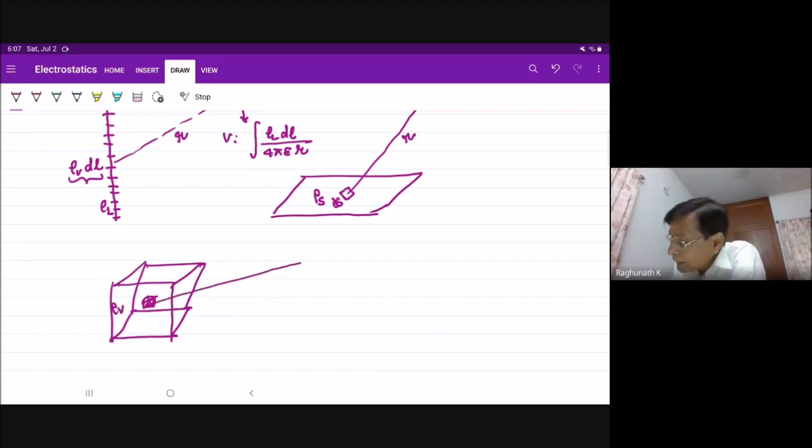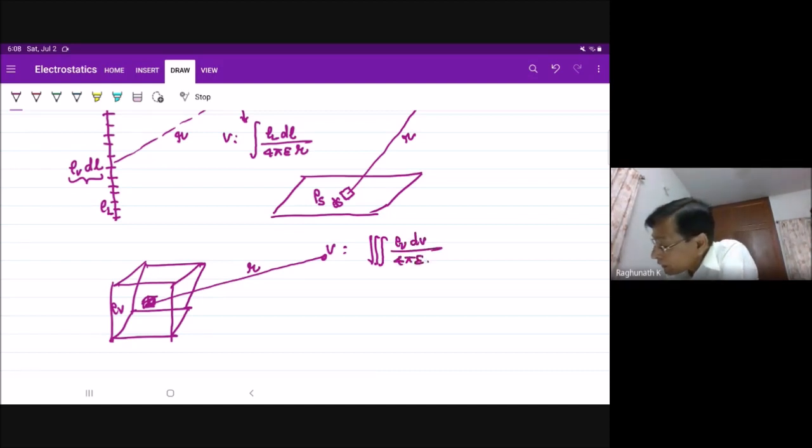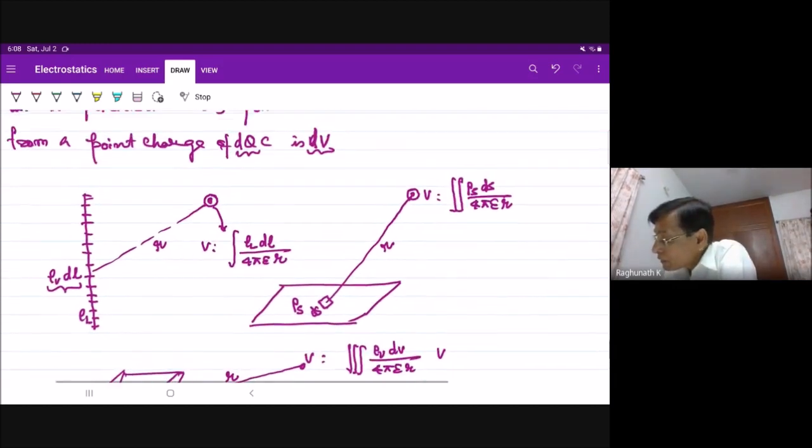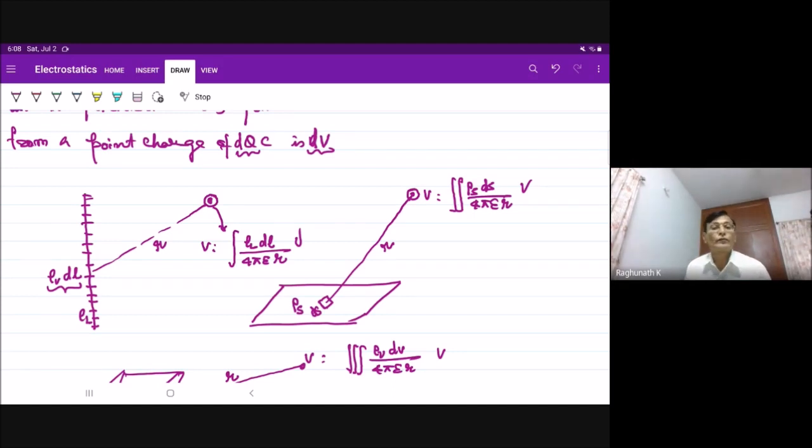From that, the point of interest is at a general distance of R. And the potential at that particular point is the triple integral, over all independent variables, of rho v dV divided by 4 pi epsilon R. So many volts, in a system of units.